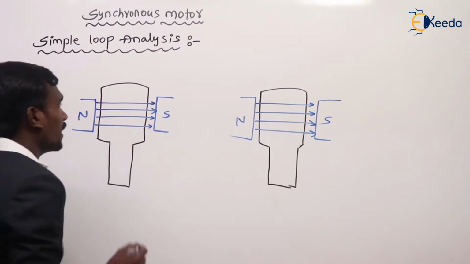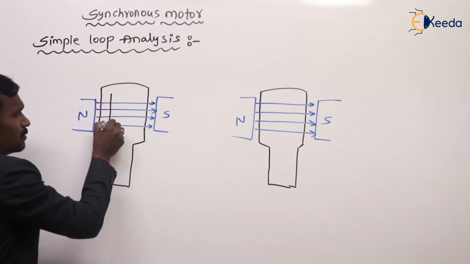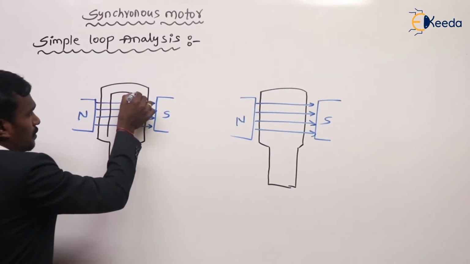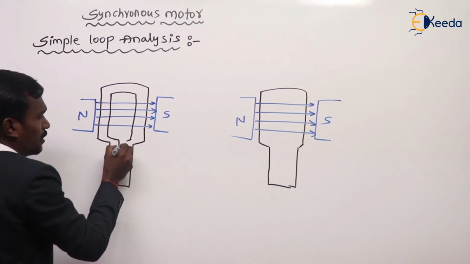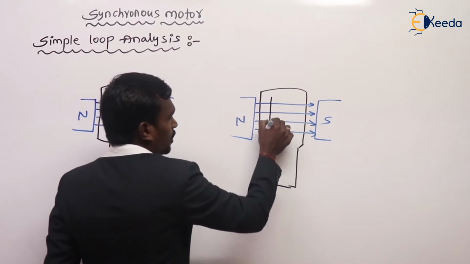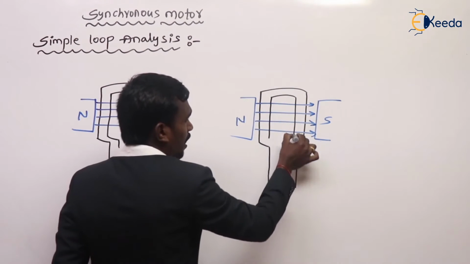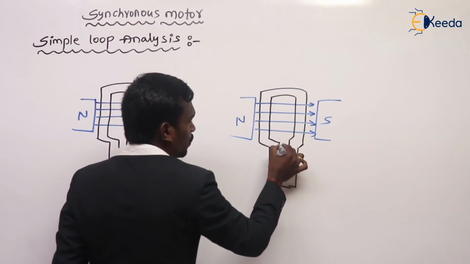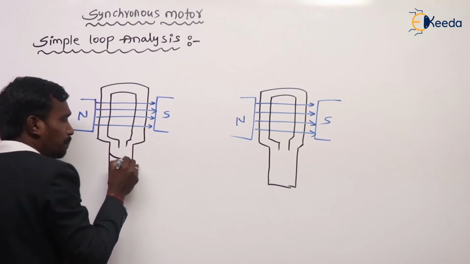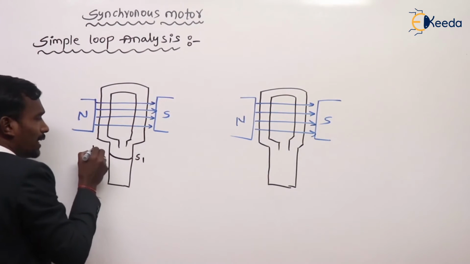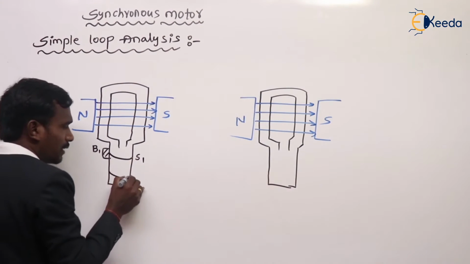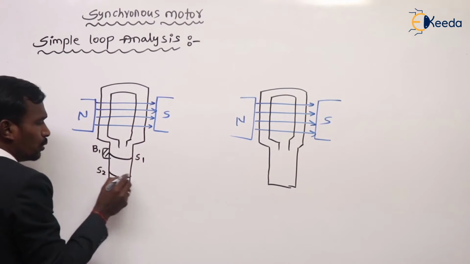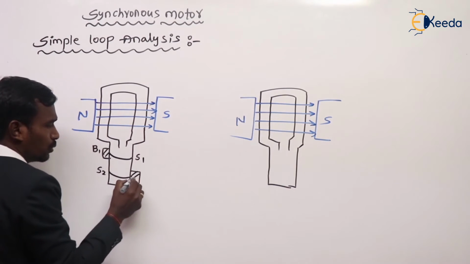In this, we have an armature coil. This is my armature coil. These are my armature coil. This armature is connected to slip ring 1 and brush 1 and slip ring 2 and brush 2.